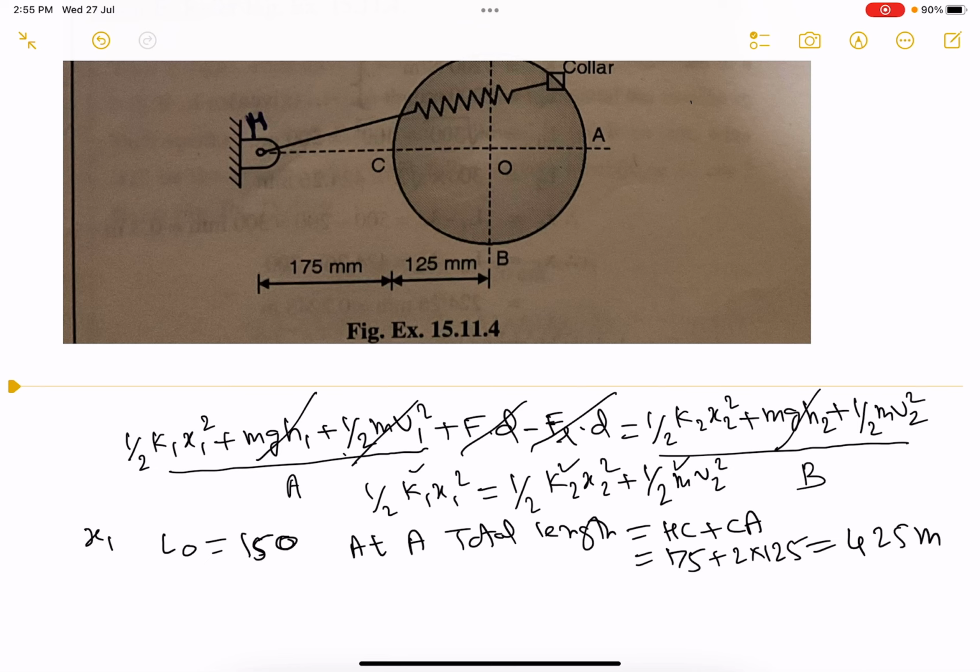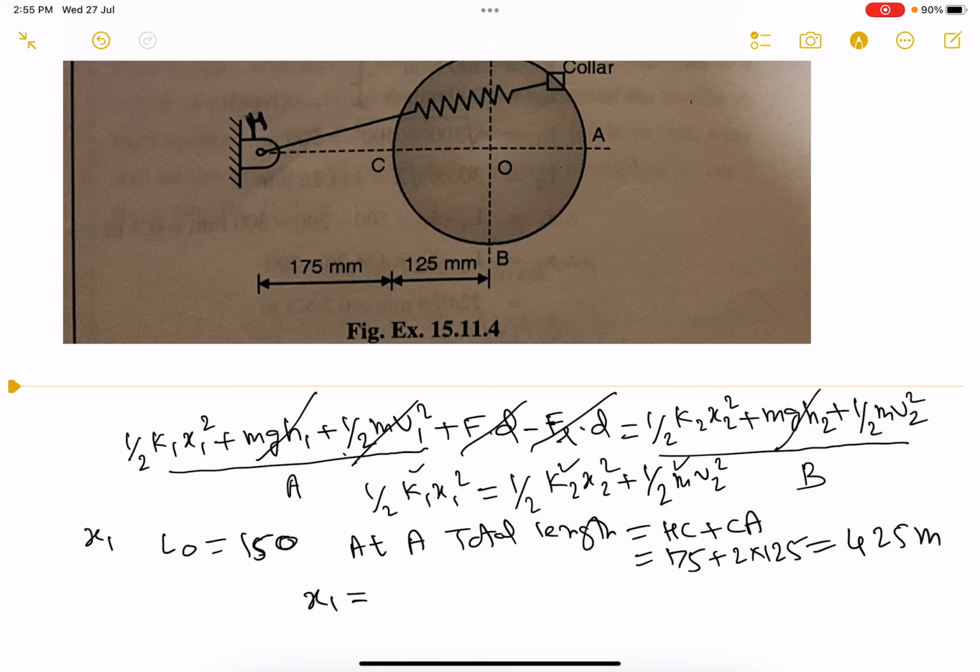But the original length of the spring when it is undeformed is 150. So at A, the spring length is more than 150. By how much? That is nothing but the extension of the spring, the stretching of the spring, and this is our x1. Because the spring is stretched at A, the collar has spring energy, given by half k1 x1 square.